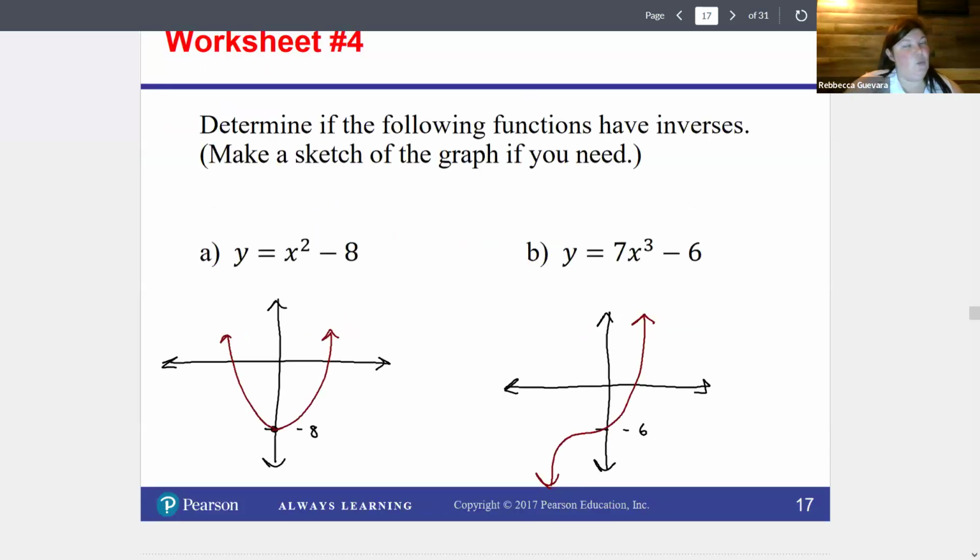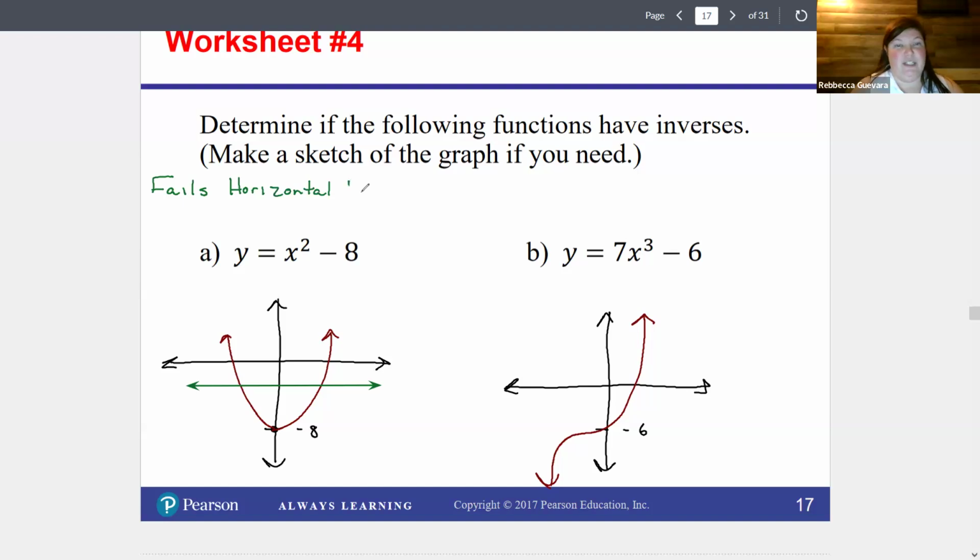So if you did a quick graph of both of these, this is just a parabola shifted down 8 units. So it will look like this. And as we see, I'm not going to be passing any horizontal line tests. This already fails. I have a horizontal line that crosses it more than once.